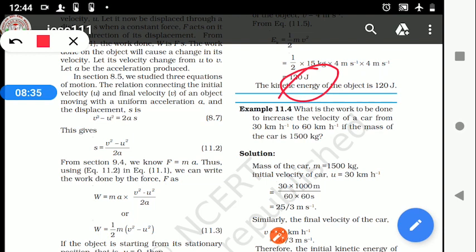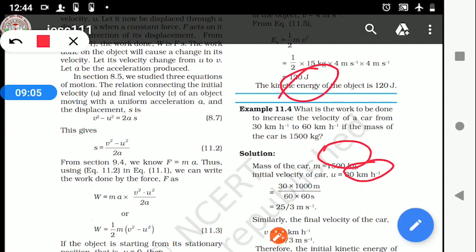One more question. What is the work to be done to increase the velocity of a car from 30 km per hour to 60 km per hour if the mass of the car is 1500 kilogram? So here mass of the car is given as 1500 kilogram and the initial velocity is given as 30 km per hour.